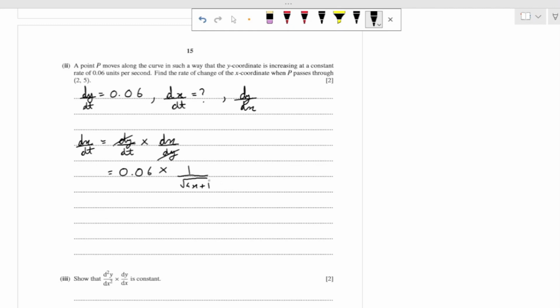But we are finding the rate of change of x when x has the value 2, so we write 2 instead of x. So 0.06 multiplied by 1 over the square root of 4 times 2 plus 1, and we get the rate of change of x as 0.02. That's your final answer.